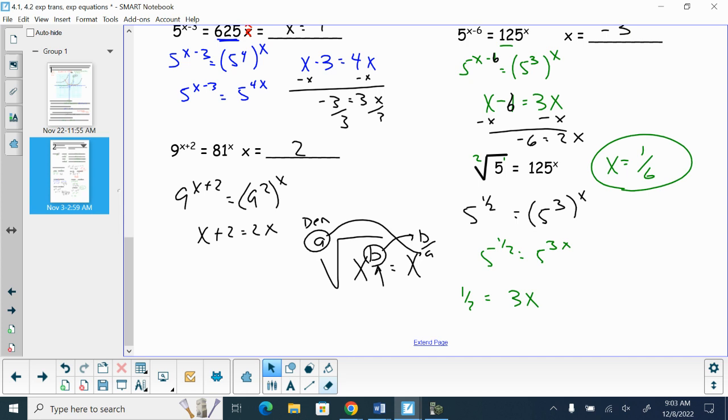A little bit of a review of exponential ideas. Tomorrow we'll get into the meat and potatoes of logarithms.